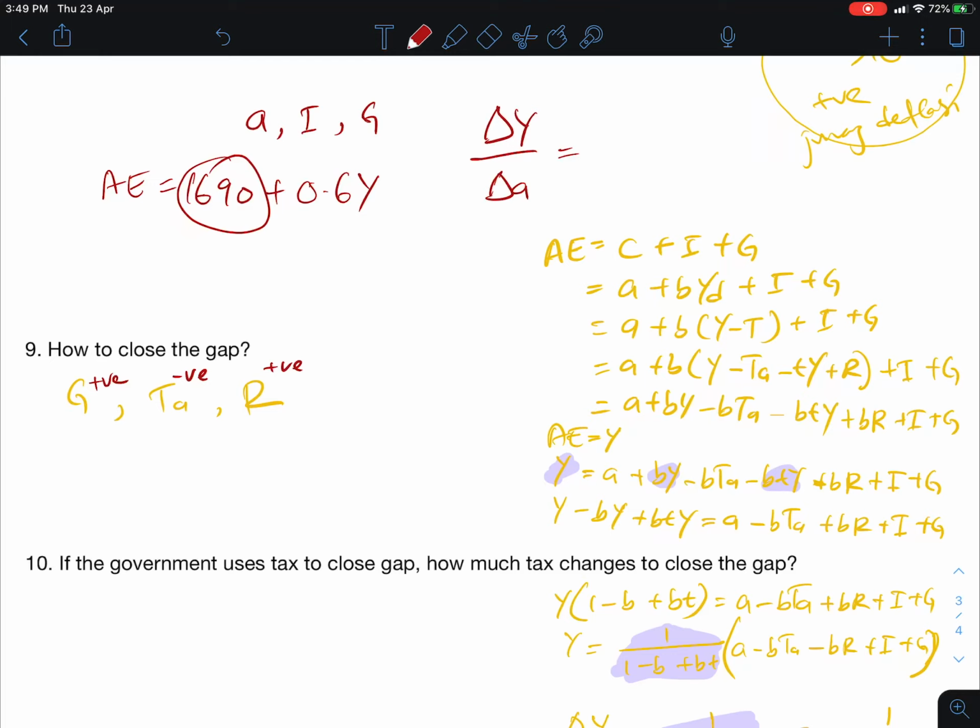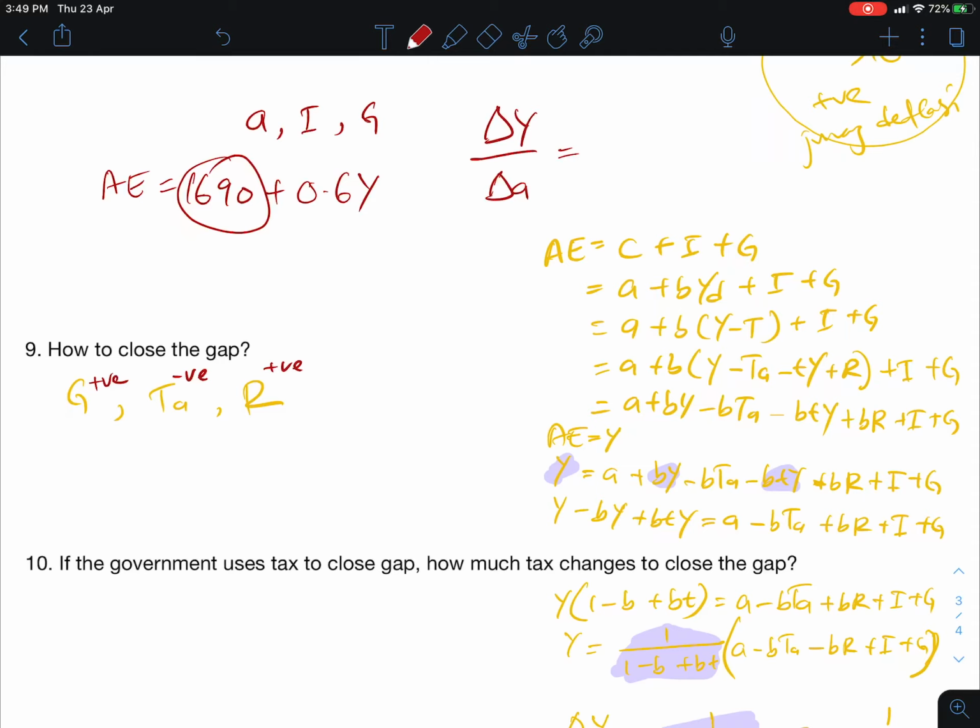For the size of the government spending multiplier, it is similar to A, similar to I. So for A, I, G the size of the multiplier is the same. But the multiplier for TA and R is also the same, but with different sign.